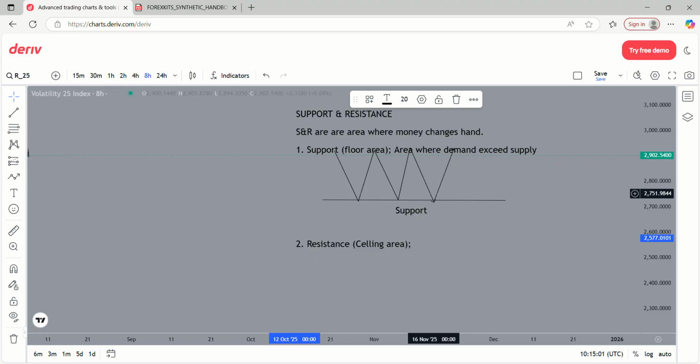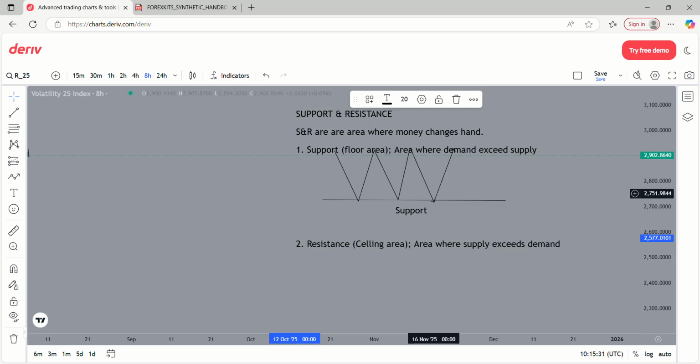So when we talk about the resistance area, we're talking about an area where supply exceeds demand.